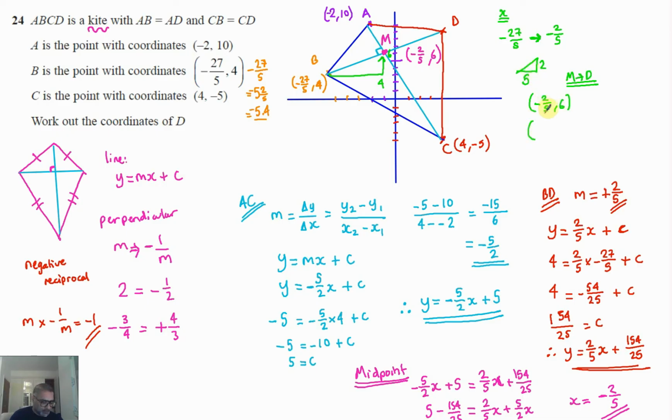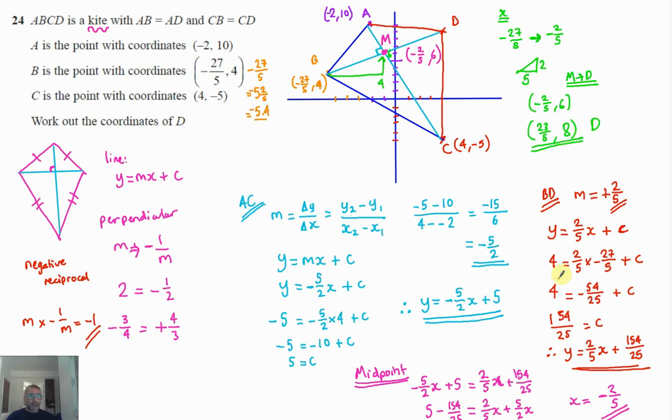If I add minus 2/5, add 5, that gives me 23/5. That's my x coordinate. My y coordinate, it goes up by 2. Sorry, no, it goes up by 2. So from 6, it goes up to 8. And that is the coordinate for D.